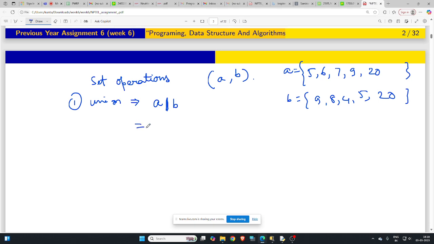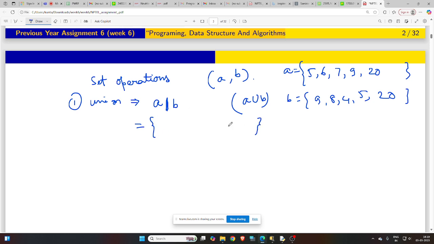So as mathematics has a property that if there is A and B as sets, then what will be the union of A and B? In mathematics it is represented like that. But in Python, I have to write it in a form so that our Python interpreter can understand. So this is the symbol for the union case in Python. And what will be the result for A union B?